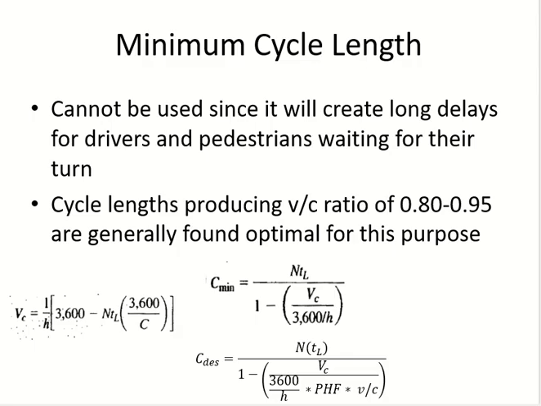No, right? The only thing is this ratio can change. You can go from 0.8 to 1, and you can try different values to see what happens. So for example, if I try the value of V by C ratio 0.8, how much cycle length will I get?